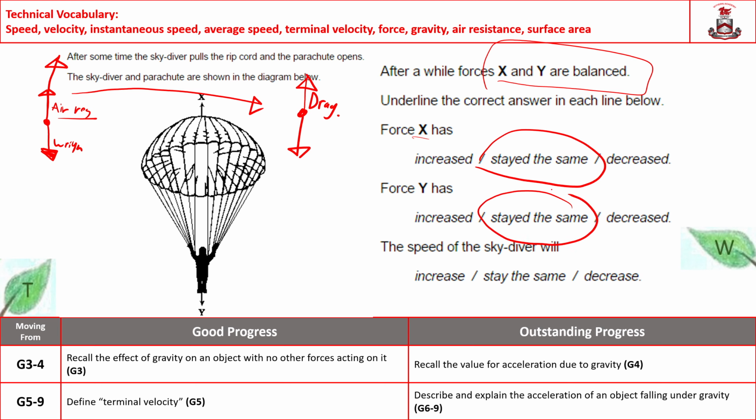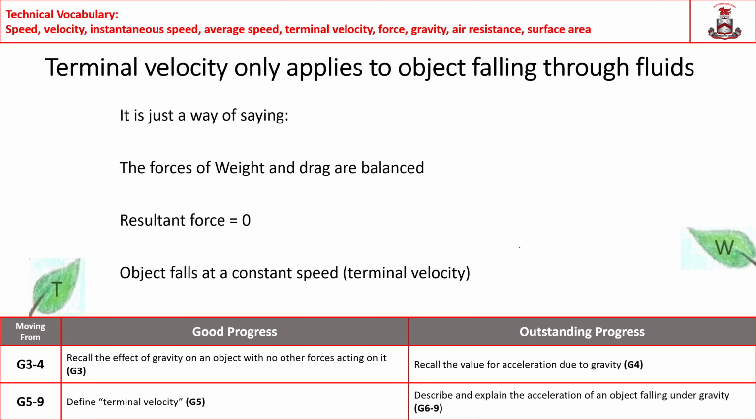Okay, but the speed of the skydiver decreases. Right? Force Y, which is your force here, always has to be the same unless you lose a foot or an arm or, I don't know, a piece of clothing. And for these forces to be equal and opposite, for them to be balanced, force X would have had to stay the same too.